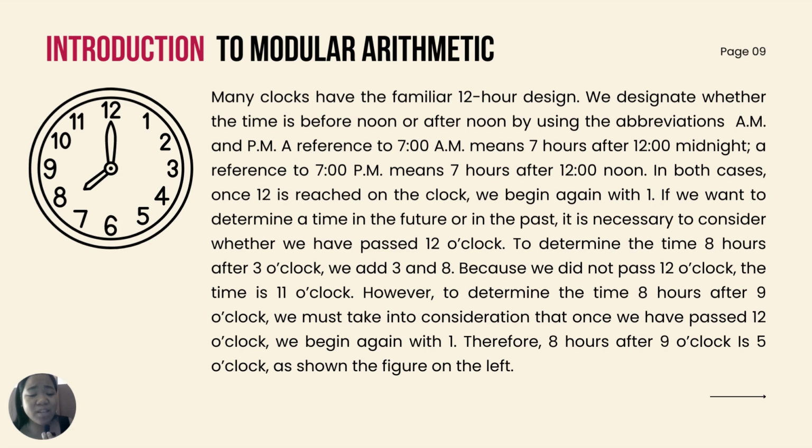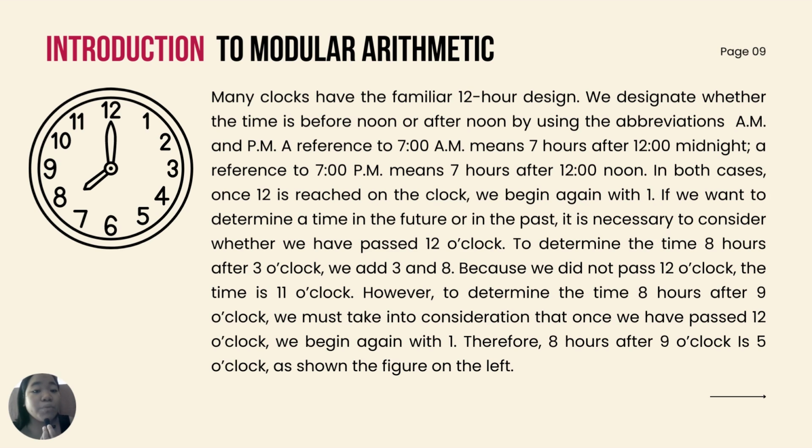In both cases, once 12 is reached on the clock, we begin again with 1. You see in the figure that after 12, it goes back to 1. It does not continue to 13, 14, 15, but returns to 1.